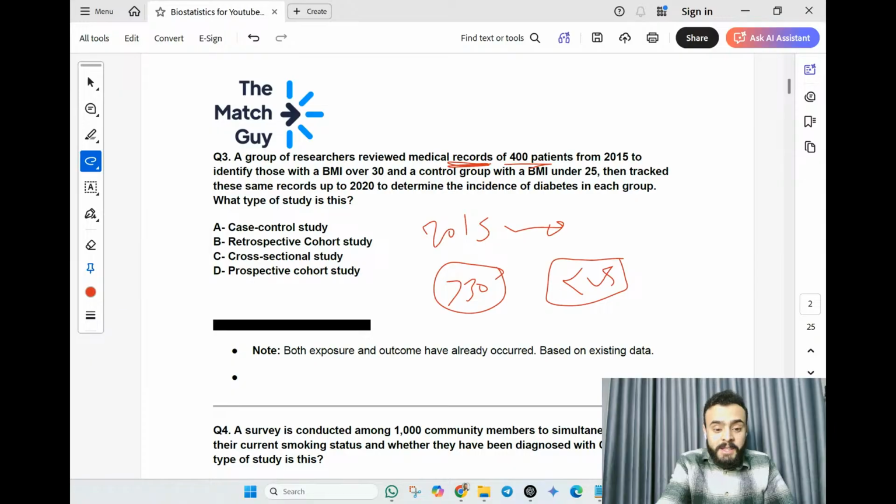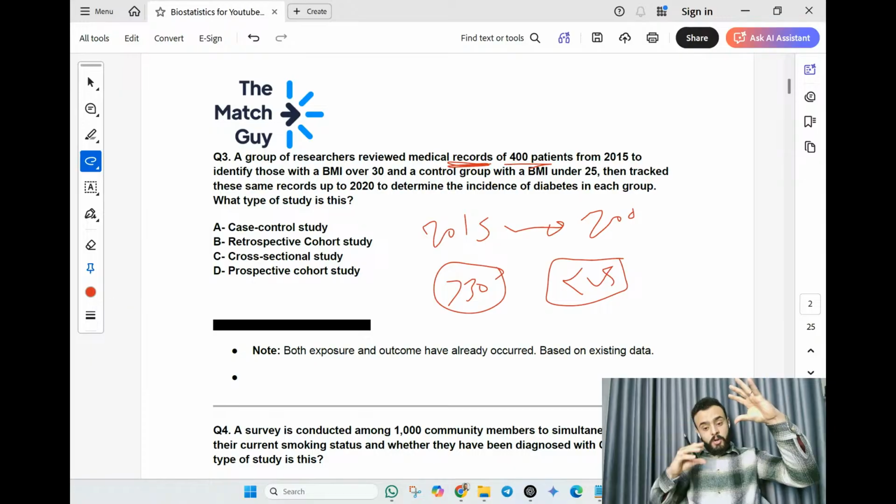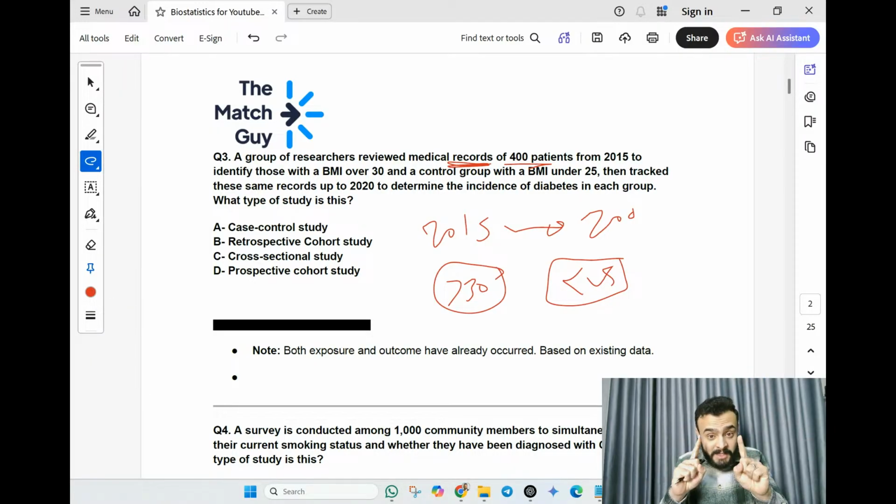Then we tracked them to 2020. Clear? You are comparing the high BMI with the normal BMI, starting via medical records, not live participants, from 2015 till 2020 to determine the diabetes risk. Now, what type of study is this? 5 seconds to think.